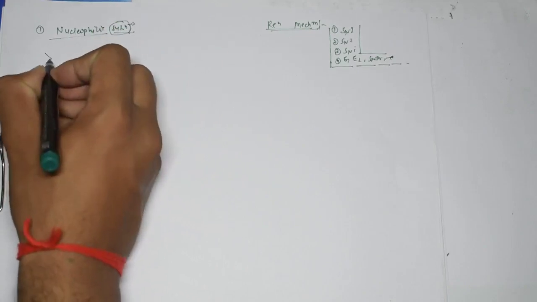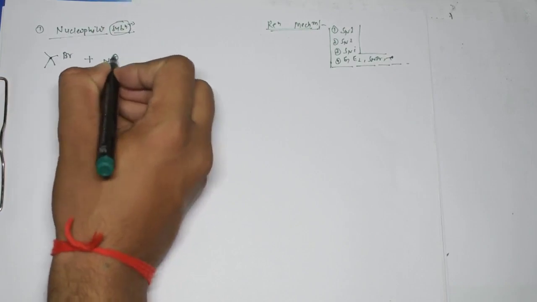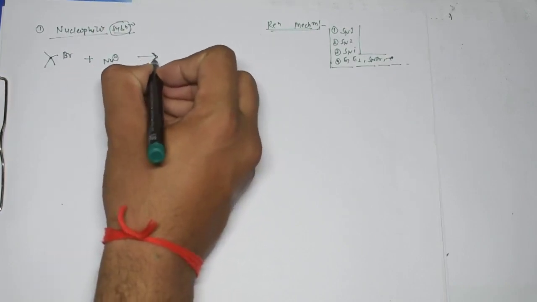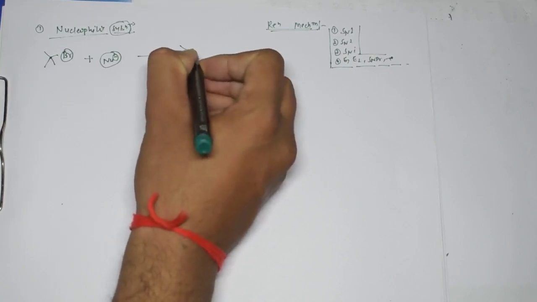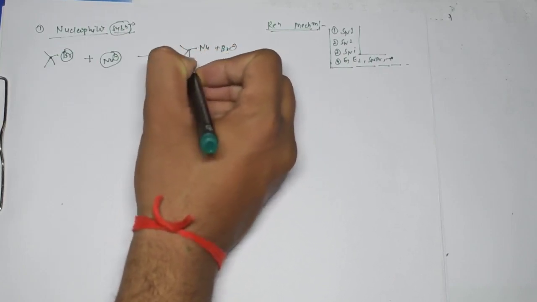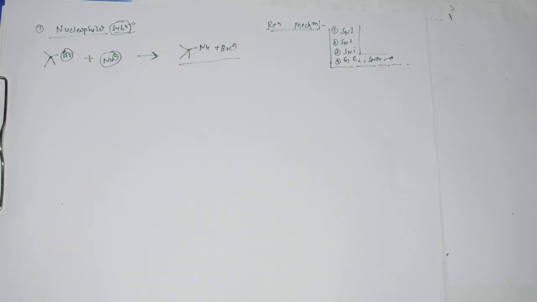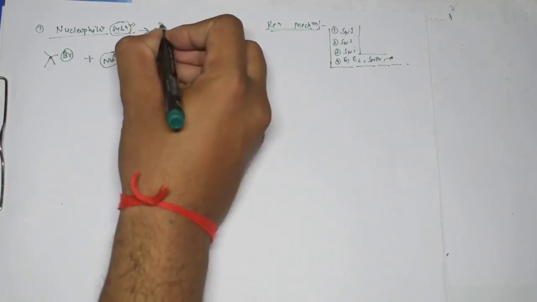For example, if I am taking the example of this one here, if we have this nucleophile and this nucleophile is going to replace this Br, so this will be an example of substitution reaction, plus Br minus will be removed over here. And this nucleophilic substitution reaction is of two types. We will also discuss the electrophilic one in the later part, right? So this nucleophilic substitution reaction is of two types.